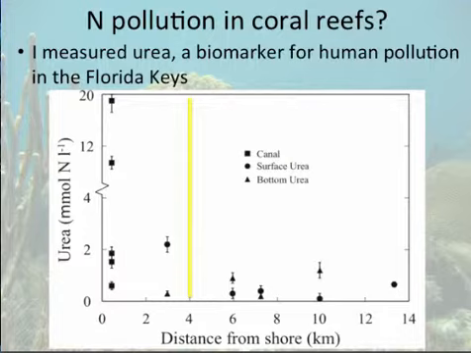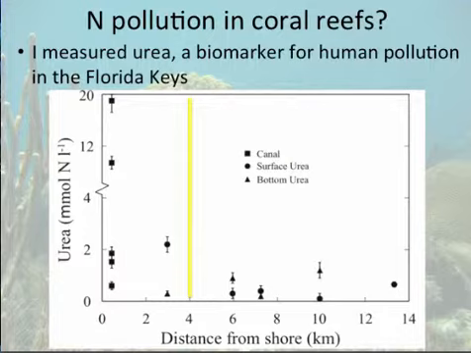As we tested urea out to about 13 kilometers from shore, we saw the same consistent background in all of the samples that we collected. There are some producers of urea, as I mentioned, schooling fish, fish pee and seagrass beds, and there were certain times when there were higher concentrations of urea produced in these areas, but there was no accumulation of urea.